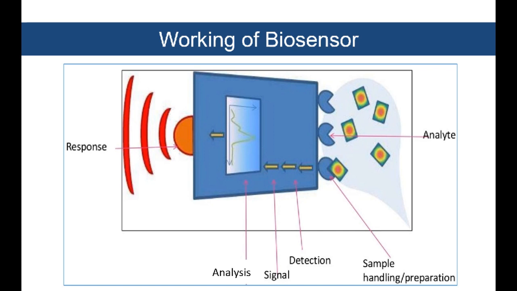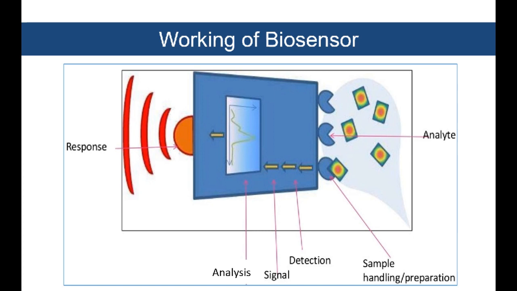Similarly, as we have seen in that schematic block diagram, we can see one more diagram over here for the working of a biosensor. On the very right side we have the analyte, which is added with the substrates in the form of sample handling and preparation. How are we preparing the sample? By the addition of the substrate to the analyte, which gives you the biological change and physiochemical reactions at the biological element.